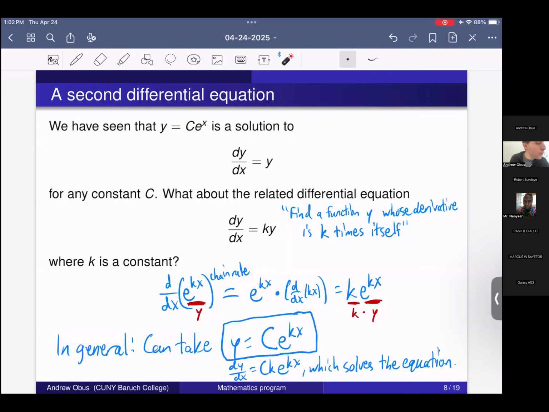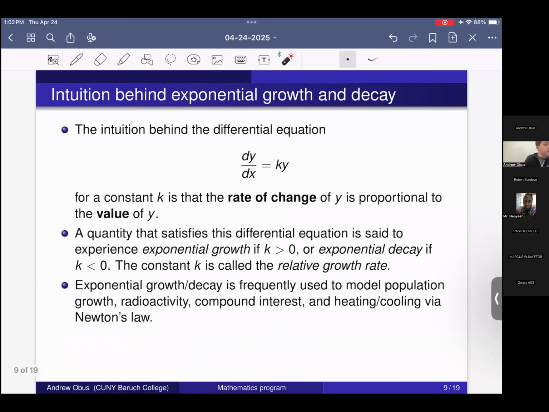Okay. So what does this mean? So let's look more at this differential equation, dy dx equals ky. So remember what a derivative means. What have we been studying this whole year? What is a derivative fundamentally? A derivative is a rate of change, right?